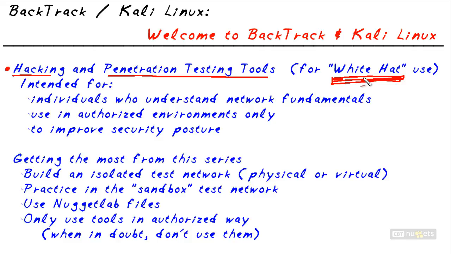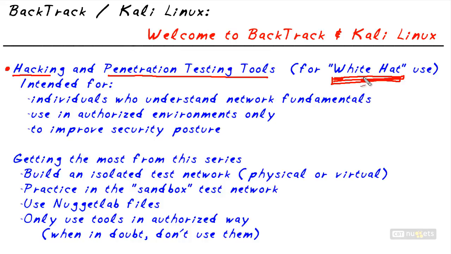The far extreme of that, which would get you into trouble very likely, is black hat. And that's where you use the tools to do malicious things to networks where you're not authorized. We want to stay completely away from black hat. And gray hat is everything else that's not really clearly defined.